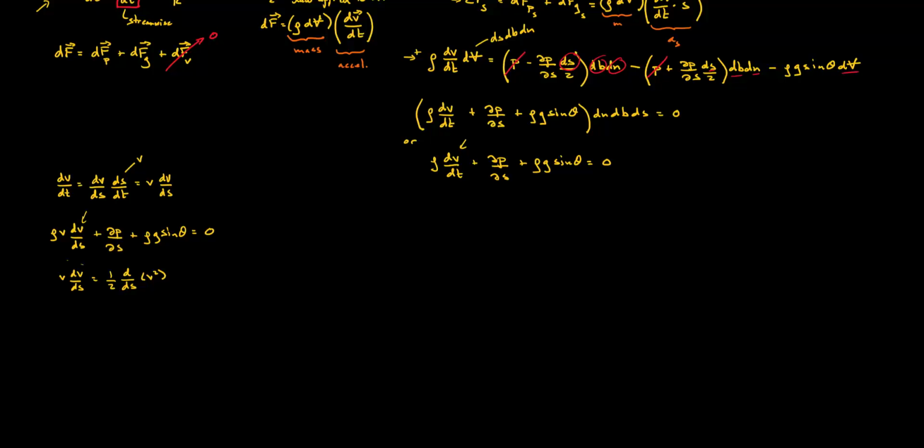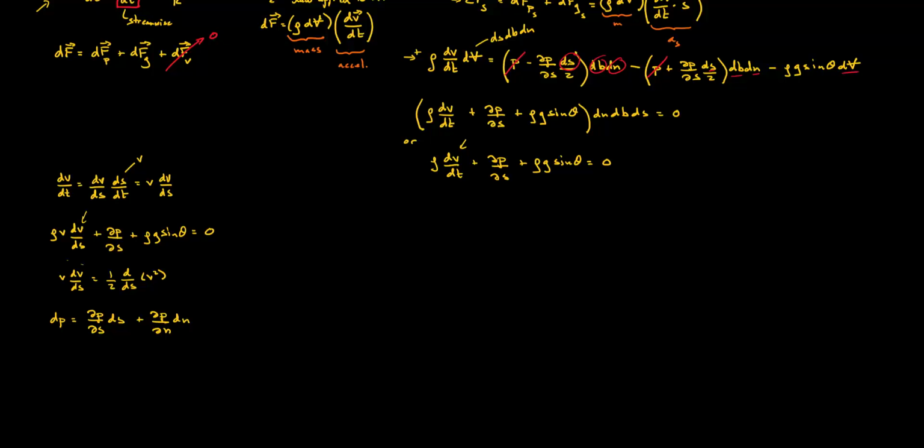Since the particle is following the streamline, we can set dn equal to 0, so the total differential pressure, so the total change in pressure, is equal to the change in the s direction multiplied by ds plus the change in the n direction multiplied by dn. So let's see what this is equal to.